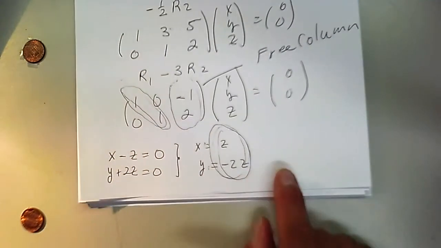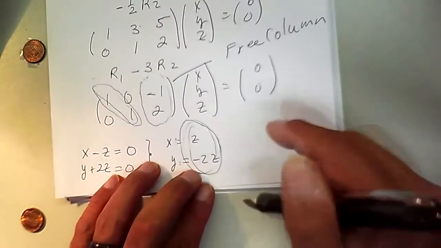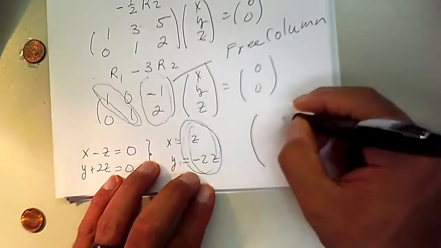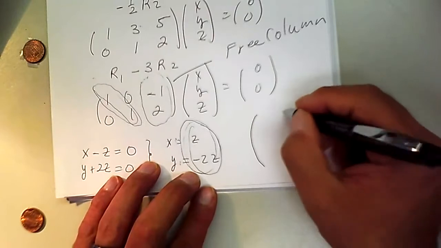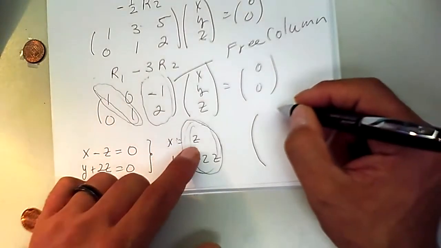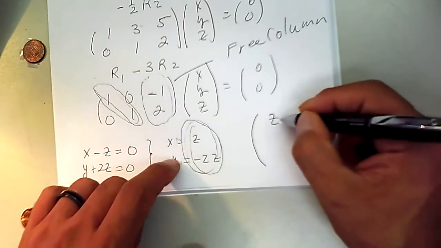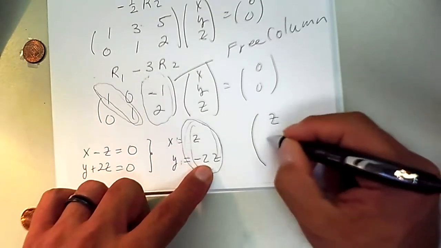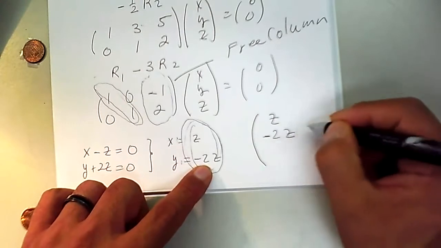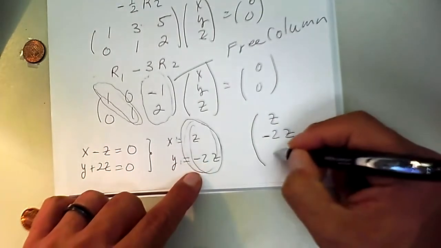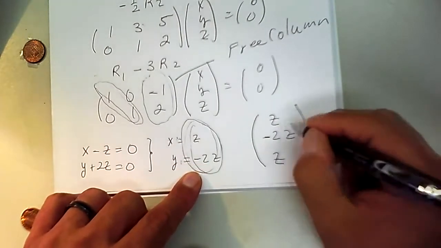So the general solution set will be, z is free, so z has to go here in the sense that they have to be equal. Negative 2z, and z is whatever it wants to be. So this is the general solution.